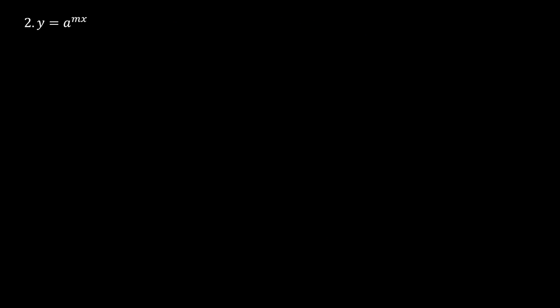Next standard function, students, y is equal to a to the power mx. We'll just analyze the successive derivatives to obtain the nth derivative of the given function. The first order derivative of the function is a to the power mx into log a, and then differentiate mx with respect to x, that is nothing but m, right? So I can rewrite the expression as m log a multiplied with a to the power mx.